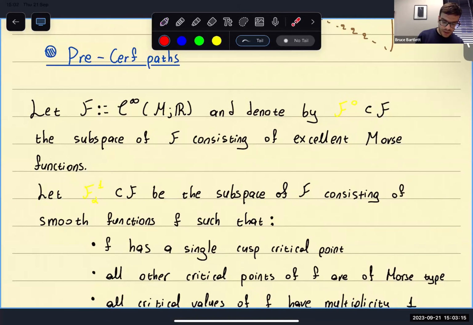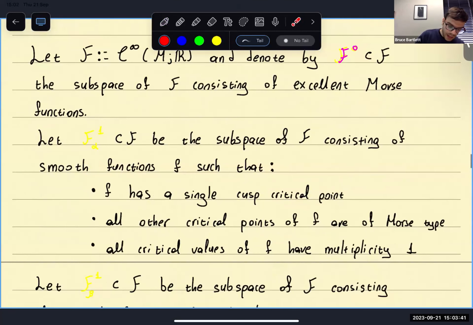Now we are going to take again the space of smooth real-valued functions on M, denoted by F. By F upper zero, we denote the subspace that consists of excellent Morse functions, which by now we know and love, and we know that this is an open and dense subset of F. And I will define two more subspaces now.